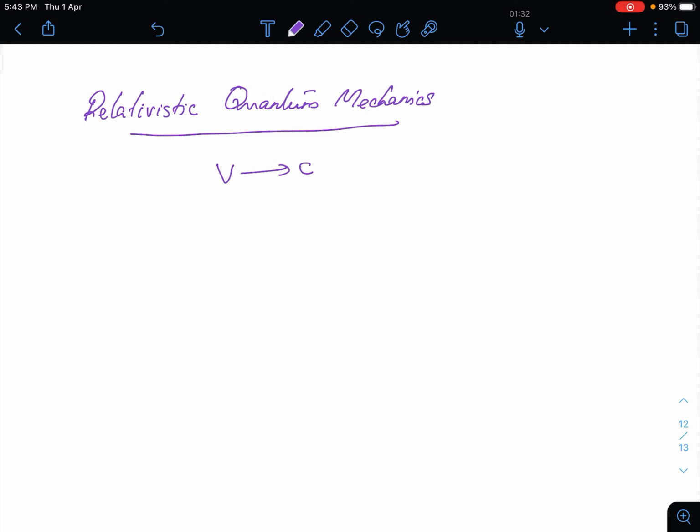Later, scientists like Klein, Gordon and Fock formulated a new equation usually known as the Klein-Gordon equation, which is Lorentz invariant and which can replace the old Schrodinger equation in relativistic quantum mechanics.